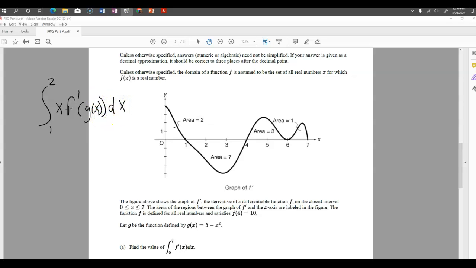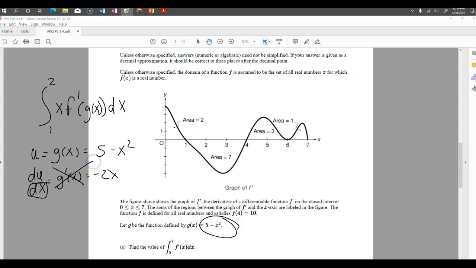All right, well, this is going to be a u sub problem. My u is g of x, and they tell me what g of x is right here. It's 5 minus x squared. So now we find the derivative of u with respect to x, in other words, g prime, which is negative 2x.